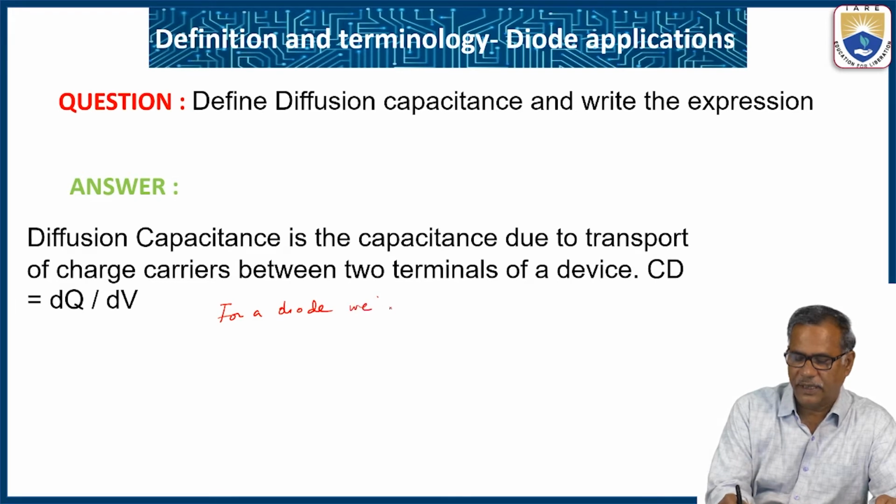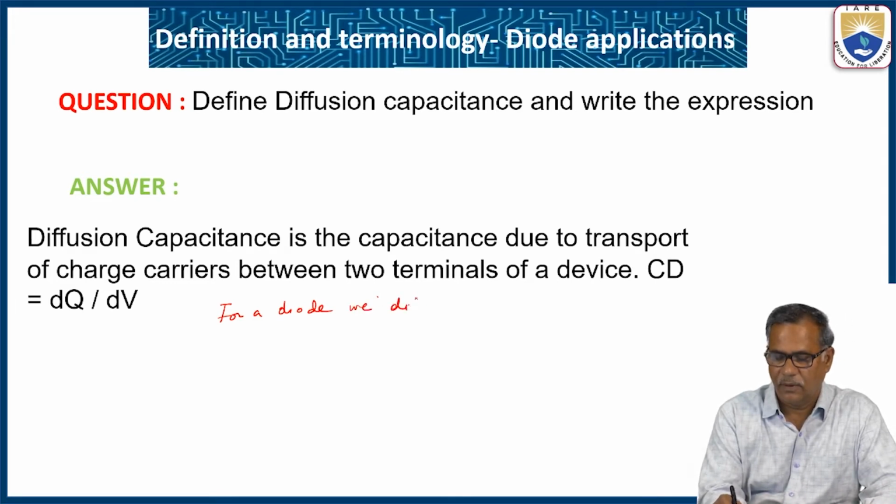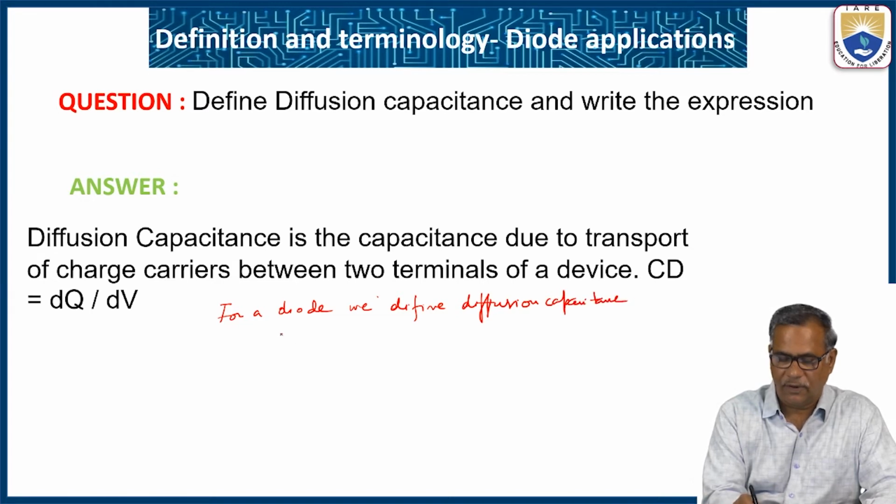And for a diode, we define diffusion capacitance during the forward bias.